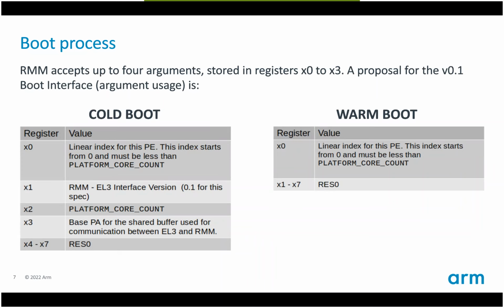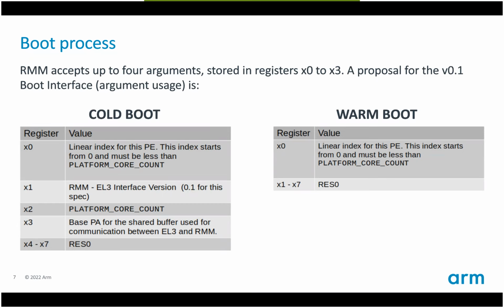Since EL3 is bound to calculate a linear index, it can pass down that same index to RMM. There is no strict rule that the same ID should be used between EL3 and RMM. As long as RMM gets a unique ID for every PE, and it's between 0 and platform core count, RMM is fine with that.